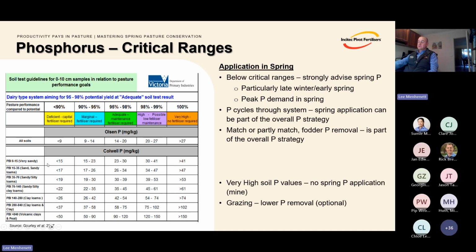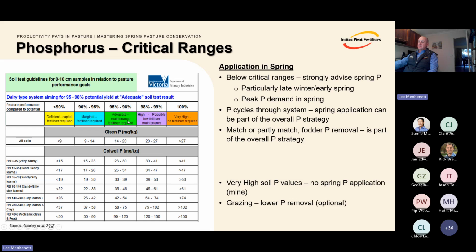If we're in a beef sheep type system, we would be operating on the lower part of the response curve, so these numbers would be more reflective of what a beef sheep system potentially would be. It doesn't matter. Individuals can operate anywhere on that response curve they like and set whatever yield targets they want. But the first thing is, are we operating in our critical range?